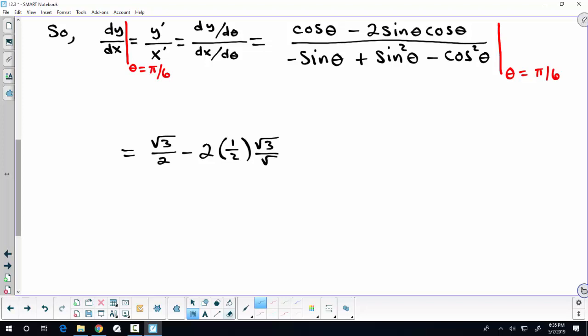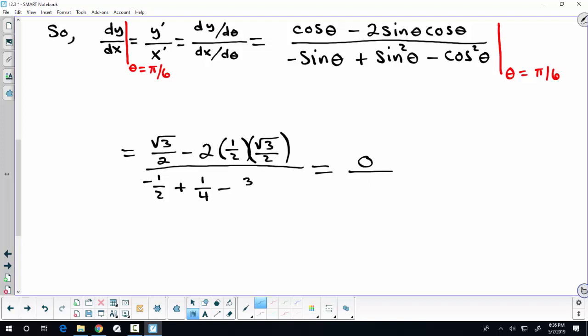Oops. And it's just zero. Right? So now we just have to make sure that the denominator is not 0 and we're good. So minus 1/2 plus a quarter minus 3 over 2, minus those. So that's not 0, is it?